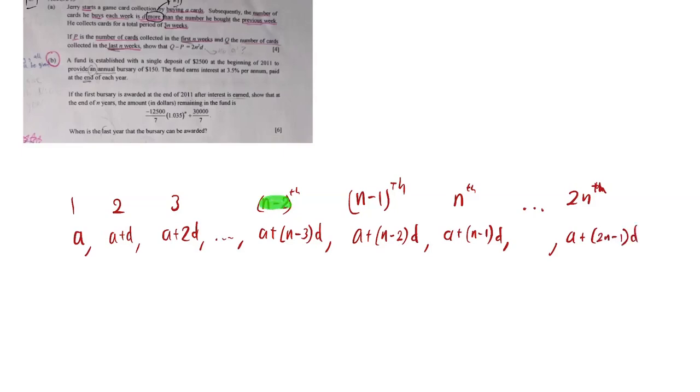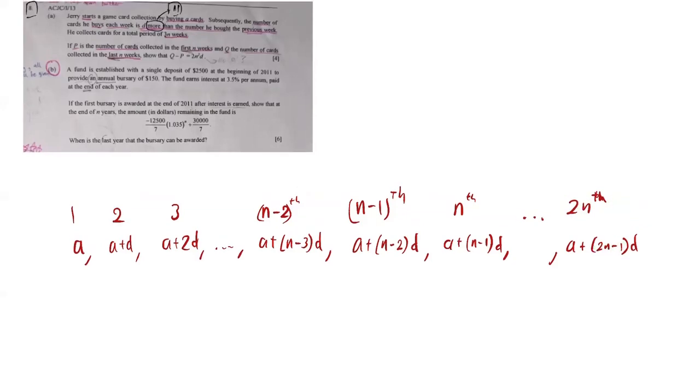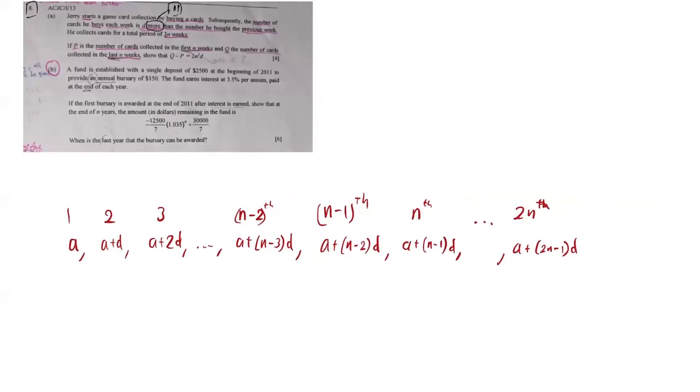Always take the number on top, then minus 1. N minus 1, you get N minus 2. Take N, minus 1, you get N minus 1. Take 2N, minus 1, you get 2N minus 1. Clear so far? I need to repeat this part, minus 1. Now, if I extend it to 3N, you should know the answer, right?